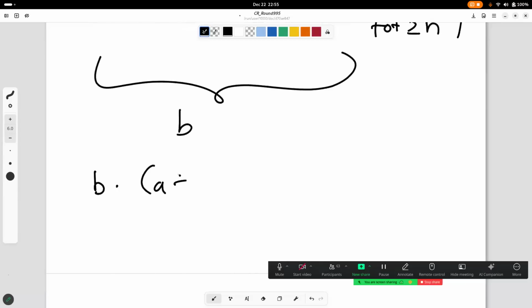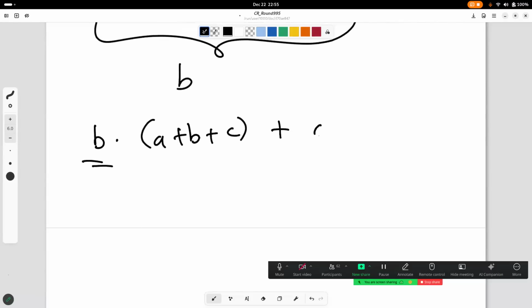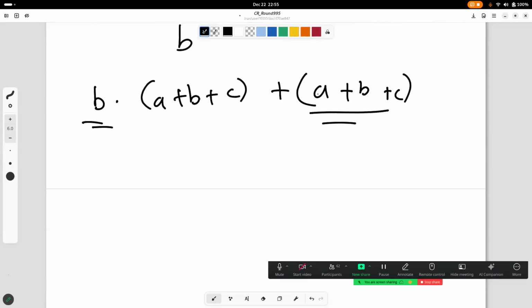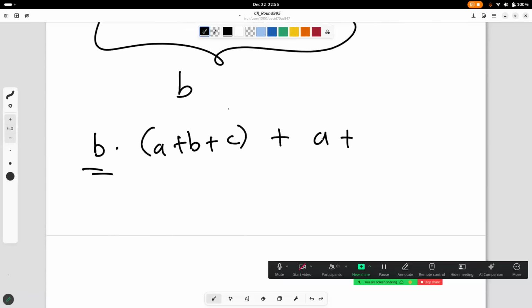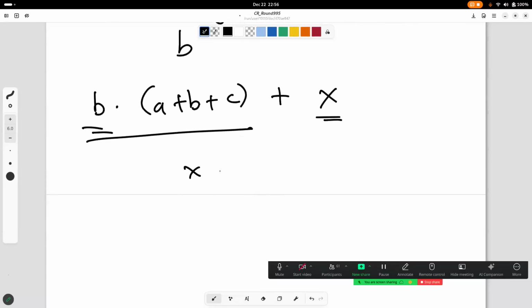Well, you would walk (A plus B plus C) times B. Finally, for the last block you would walk some distance: this is the distance you would walk due to B blocks, and this is the distance from the last block. This will be A, or A plus B, or A plus B plus C.